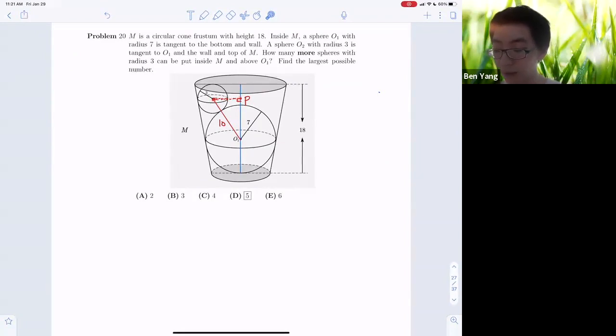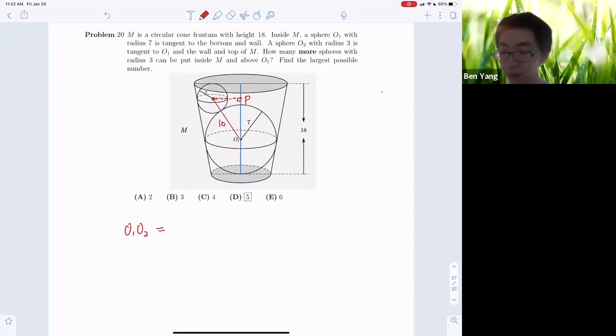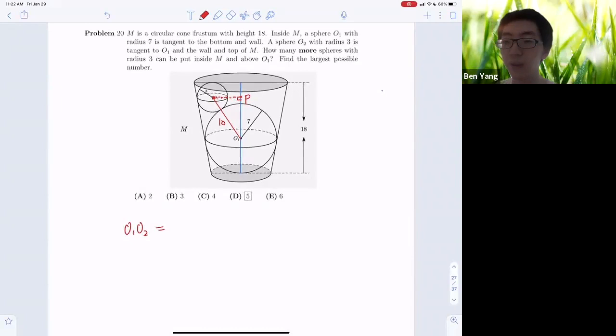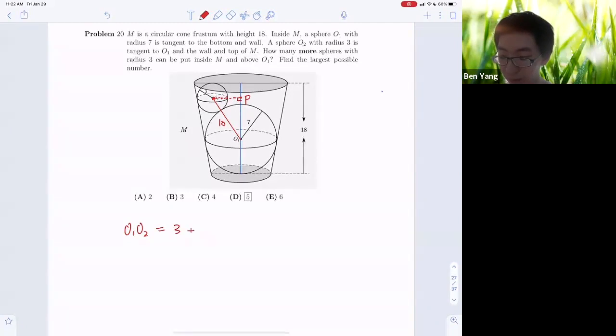And let's say O2P is perpendicular to the axis here. So first of all, we have O1, O2. Since the two spheres are externally tangent to each other, the distance between their centers is simply the sum of the two radii. So O1O2 is equal to 3 plus 7, and that's equal to 10.